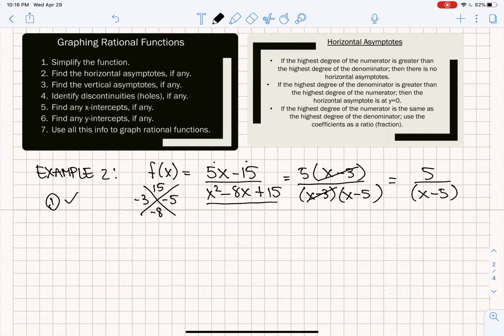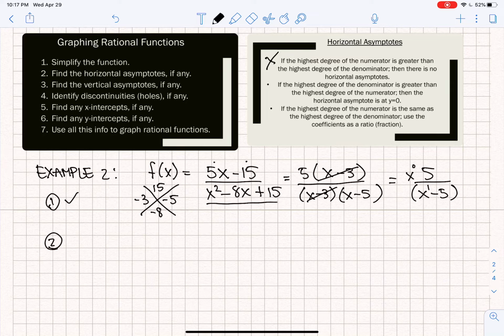Okay, 2. Now I'm going to find the horizontal asymptote. So I'm going to look at the degrees. This is a degree 1. And up here, there is no variable, so technically, I have x to the degree 0. Is the highest degree of the numerator greater than the highest degree of the denominator? No. Is the highest degree in the denominator greater than the highest degree of the numerator? Yep.